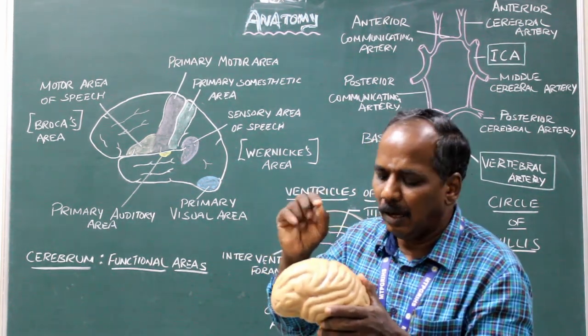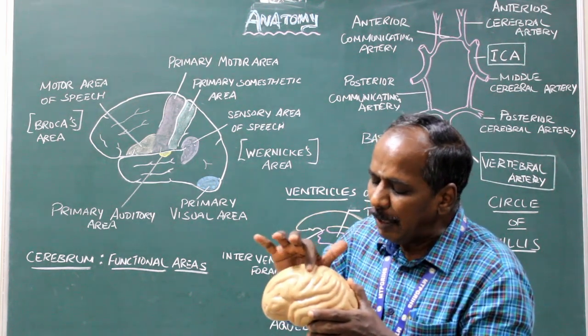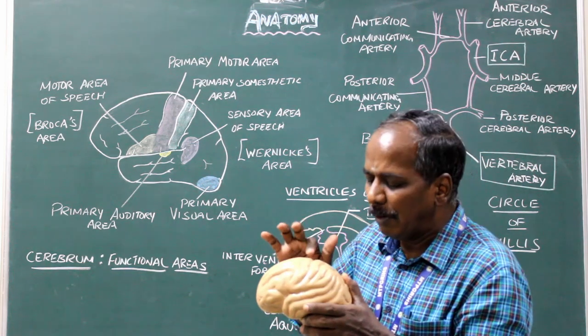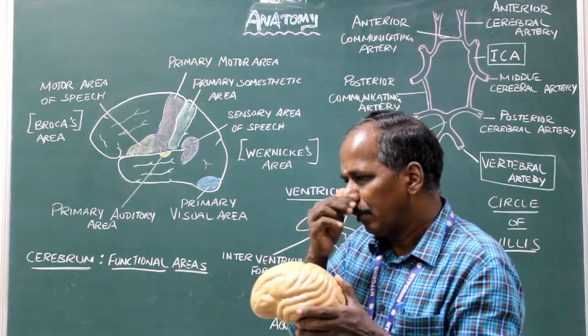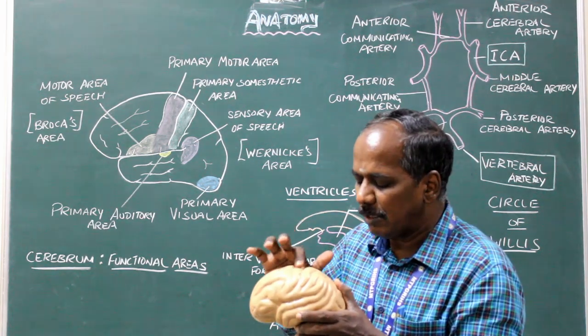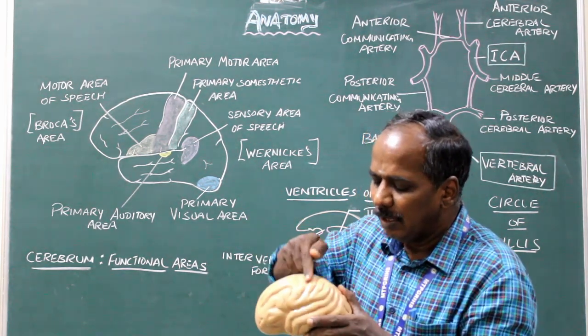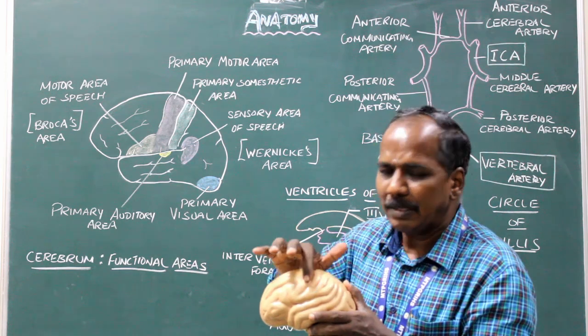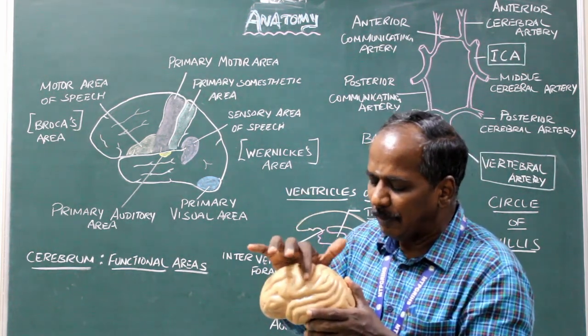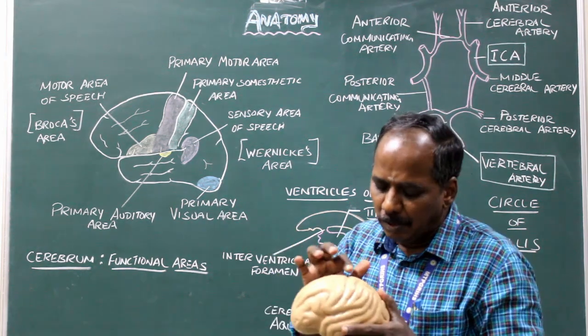It is present in the precentral gyrus. Pre means in front, and central is the central sulcus. Gyrus means elevation, so this is the elevation present in front of the central sulcus. So the primary motor area is present in the precentral gyrus.